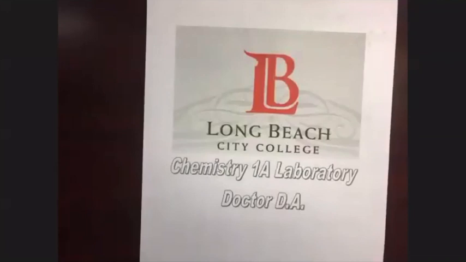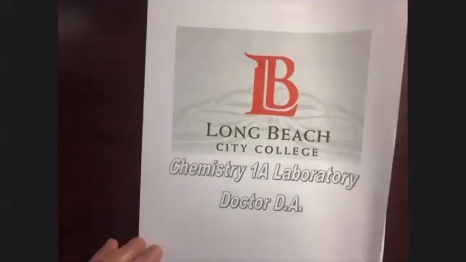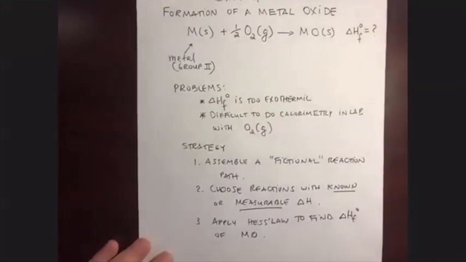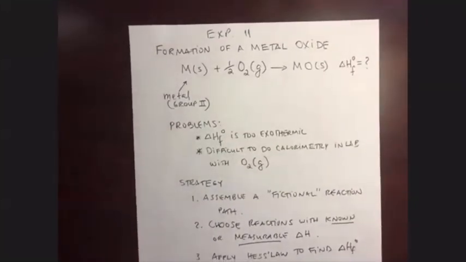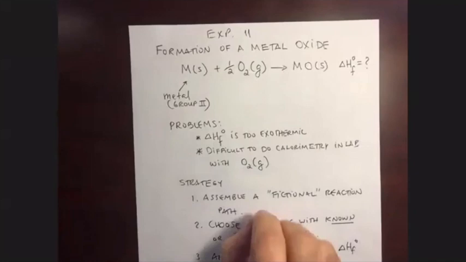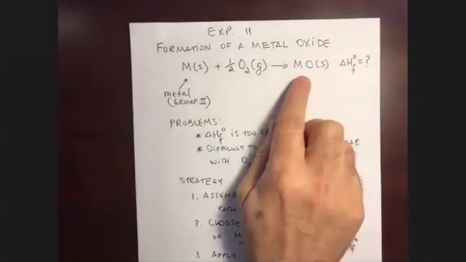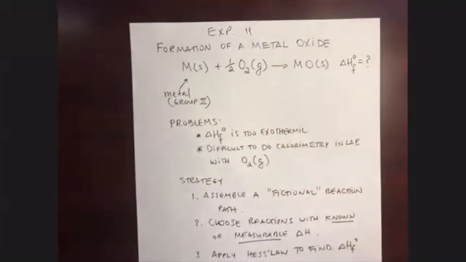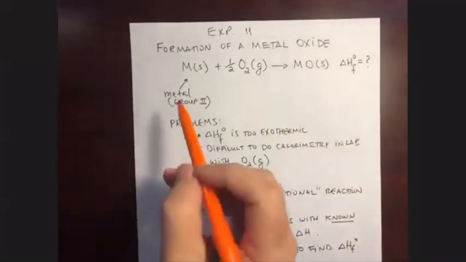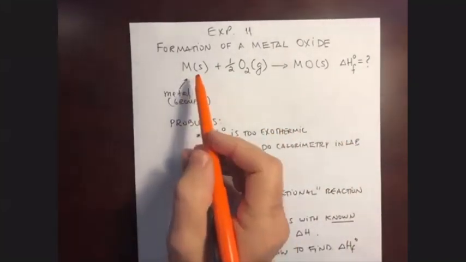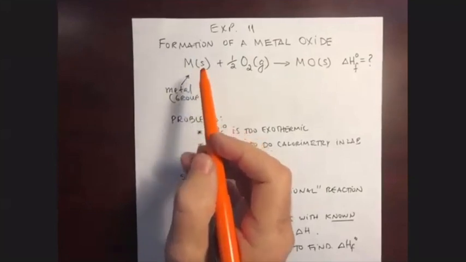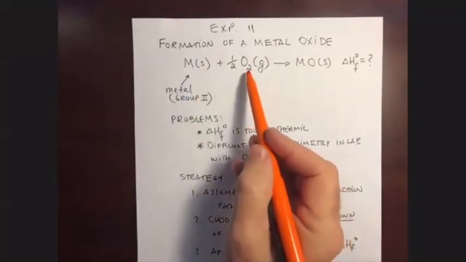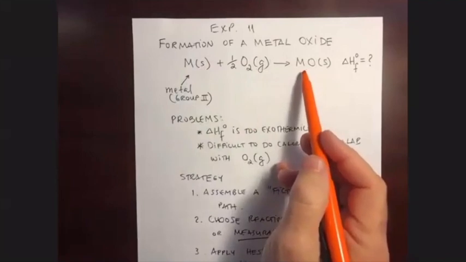Let's go here to our makeshift doc manager and let's see what this is going to be about. So we are interested in the reaction that represents the formation of a metal oxide. It's generic here, but what we're dealing with is a metal from group 2, like magnesium, calcium, those kind of elements, reacting with oxygen to form the oxide of the metal.